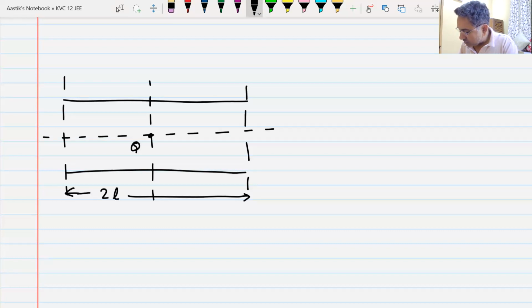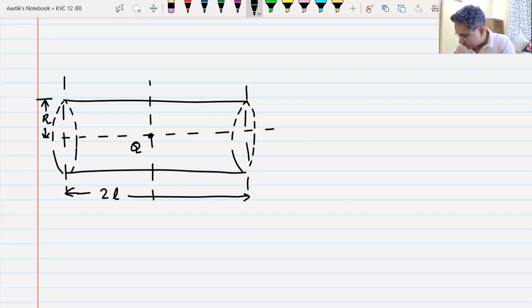You have a point charge Q placed exactly at the center of this. The radius of this shell is R. Now, remember this is an open cylinder. It does not have caps here.